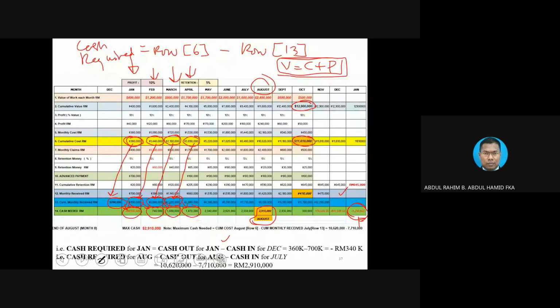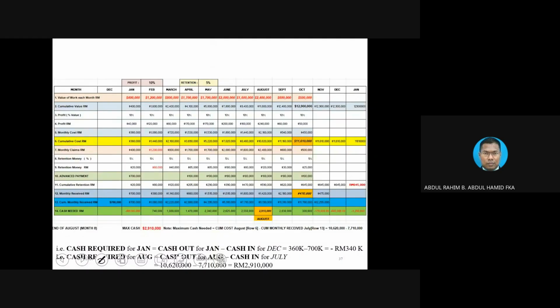So this question basically, you already have the answer. If you done correctly in the Excel form, you already have the answer. But some people make a mistake by looking at the answer wrongly. Okay, first thing first, where do we zoom in? We need to zoom in into row number 12, monthly payment.